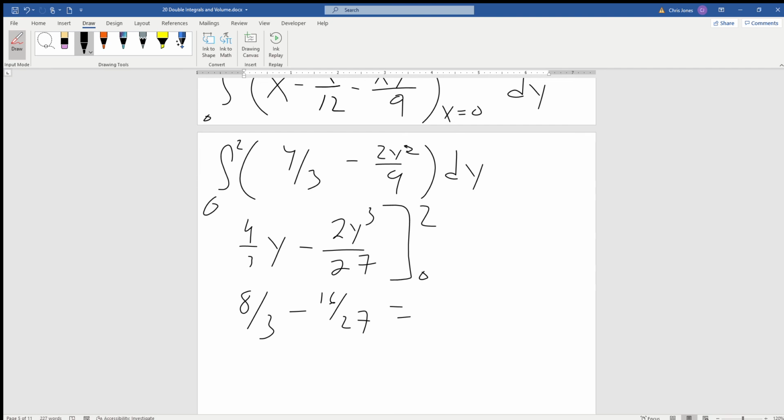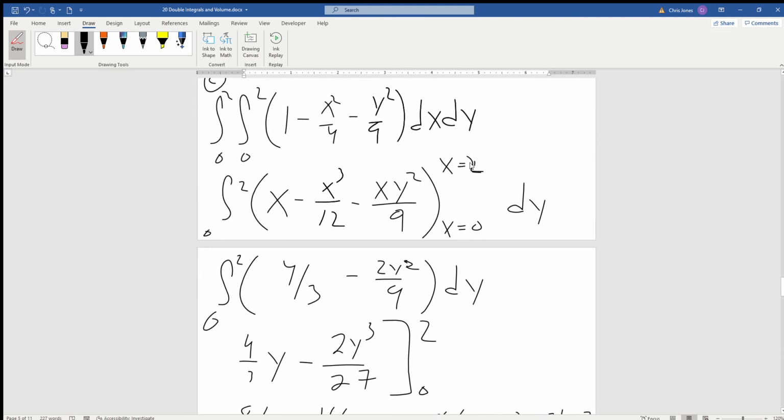And if I use my calculator, that's going to wind up being 56/27, or approximately 2.07407. Right. And ultimately the question is, how close are we?